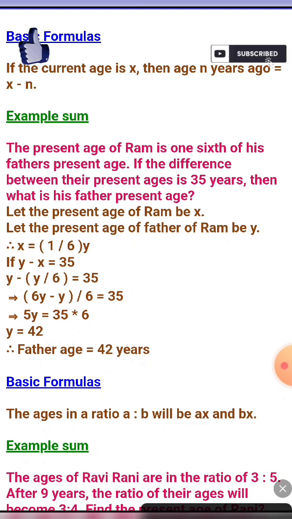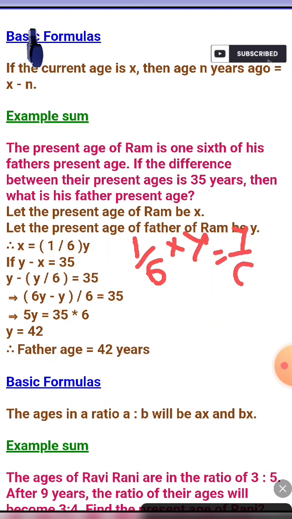Now we have some data to calculate. y minus x is 35. What is x? x is 1/6 of y, where y is his father's age. So y minus y upon 6. How does it become? 1/6 into y, y into 1, y upon 6.